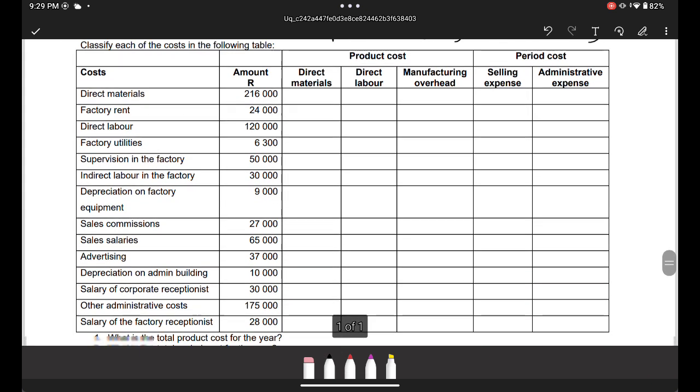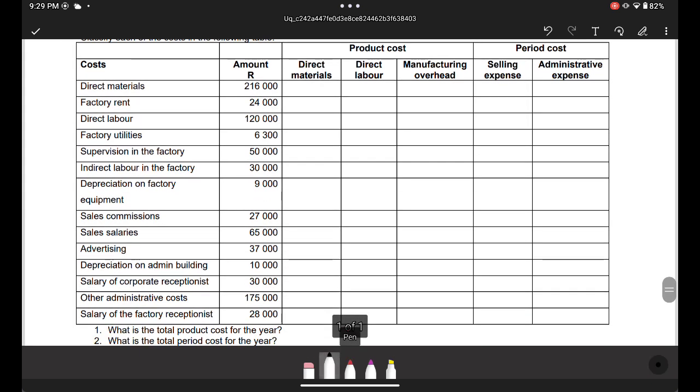Now, direct materials will always be direct materials. Direct materials is what you use to make the product, for example wood, timber, flour, eggs, milk, water if you're making a food product, cardboard, steel, metal.